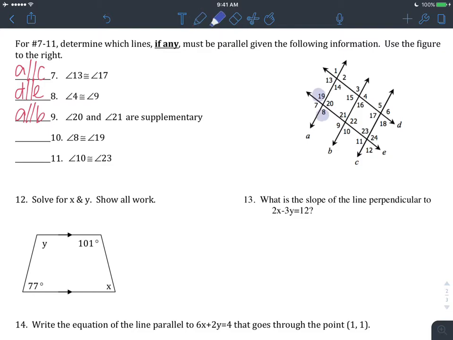So 19 and 8, they're vertical angles. So this is none. Then we have our last one, 10 and 23. So 10 uses this line and this line. 23 uses that same line and then C. So that means that B would have to be parallel to C.